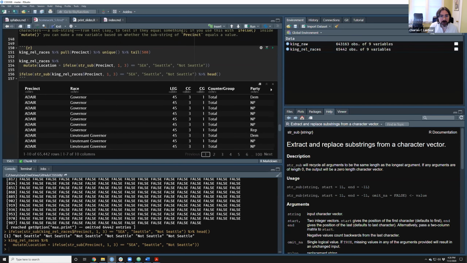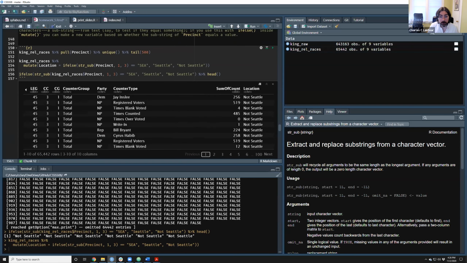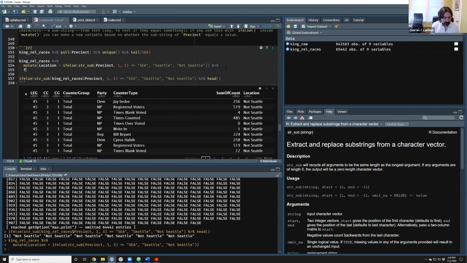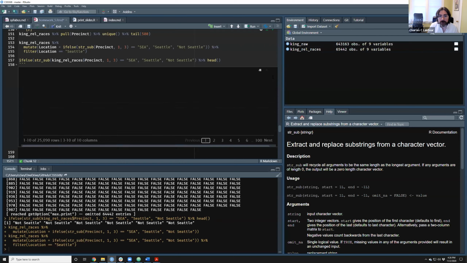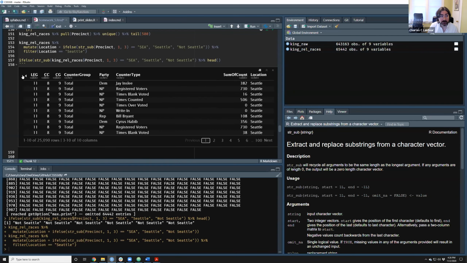If we run this, we should have a new column called location, because it assigned it to location, that is not Seattle versus Seattle. Just to show you that this worked, I could do filter location equals Seattle. And we should see all the precincts here are like SEA 11, 12, 56. I look over here, their location is Seattle.